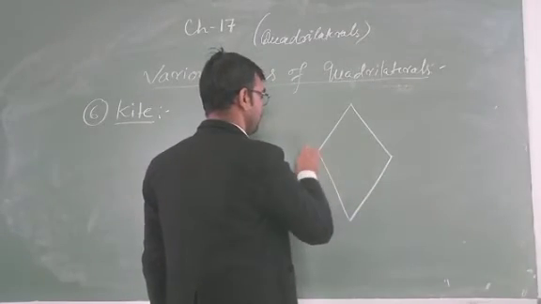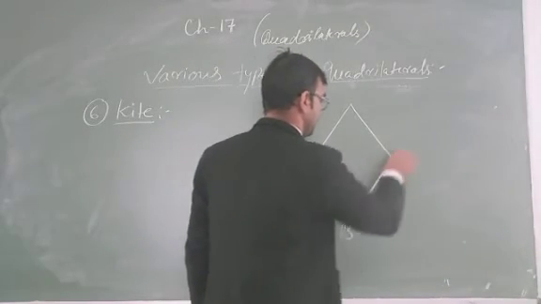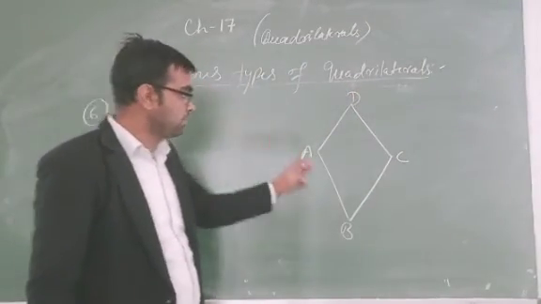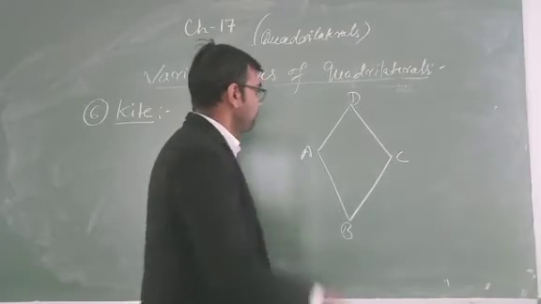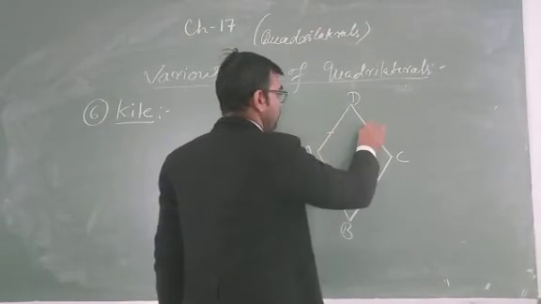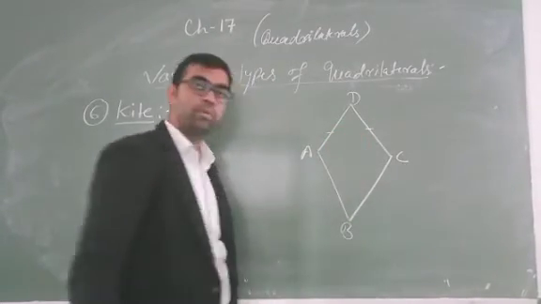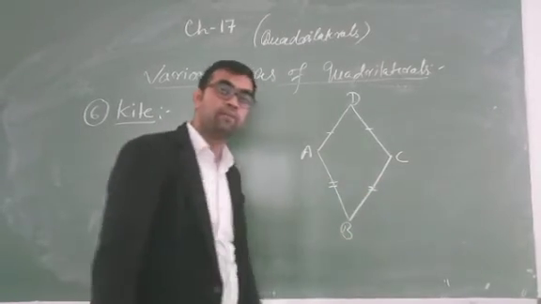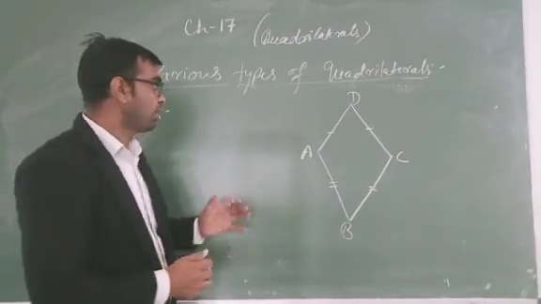So suppose this is kite ABCD. Look here. If we imagine, this side will be equal to this side, and this side is equal to this side. So what is a kite?